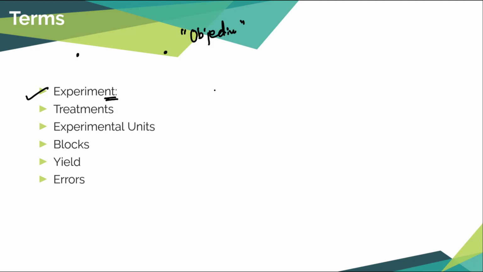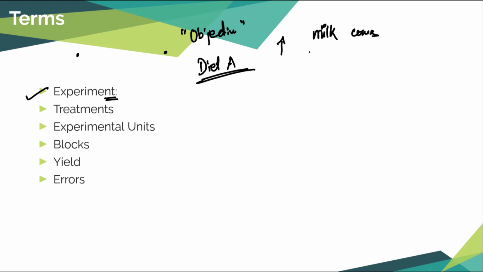For example, let's say I want to see what is the impact of a particular diet plan. Let's say diet A, right? I want to see the impact of diet A on the increase or decrease of milk production by cows, right?